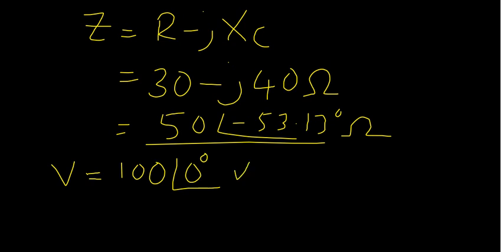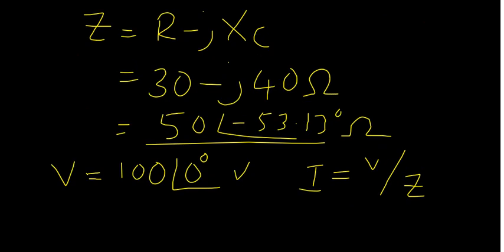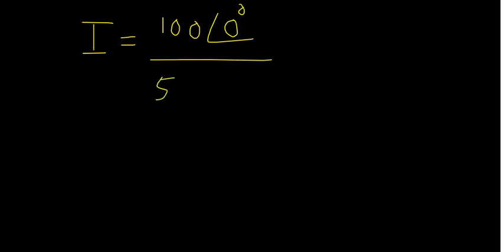So you have I is equal to V divided by Z here. If you take I is equal to V divided by Z, you will get I is equal to 100 at an angle 0 divided by 50 at an angle minus 53.13, if I am right.